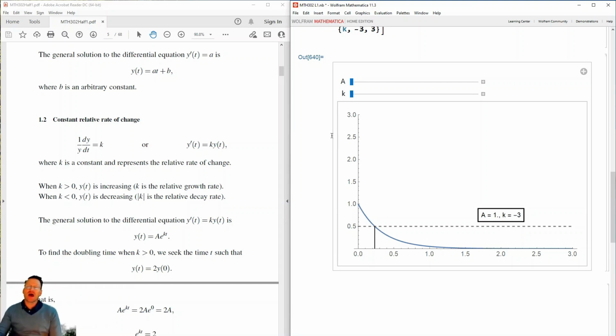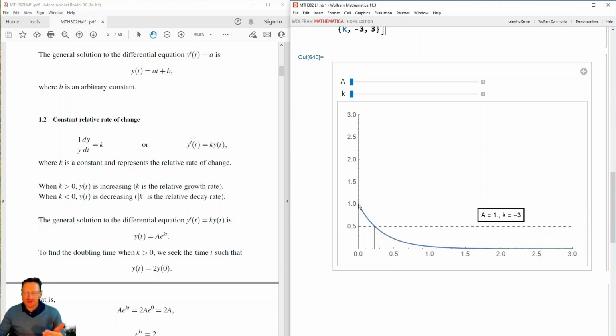What I want to do now is change the values of these. Let's first change the value of the constant, which you obtain from knowing the initial value of y. When t is equal to 0, where t is the horizontal axis, we have y equal to 1, so we have the point (0, 1).